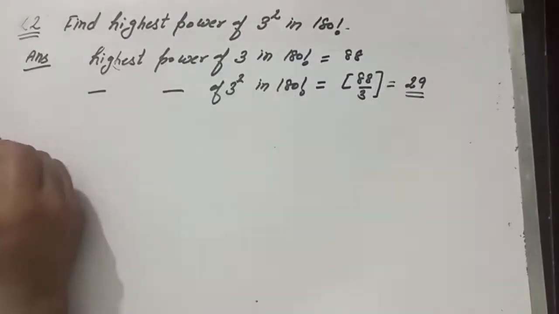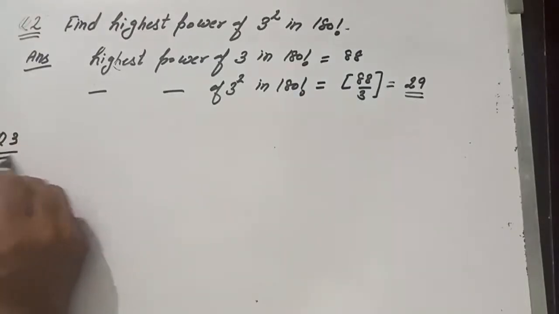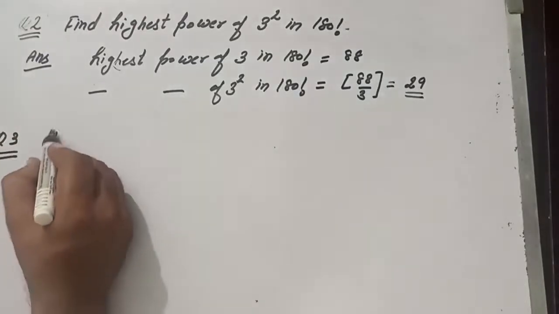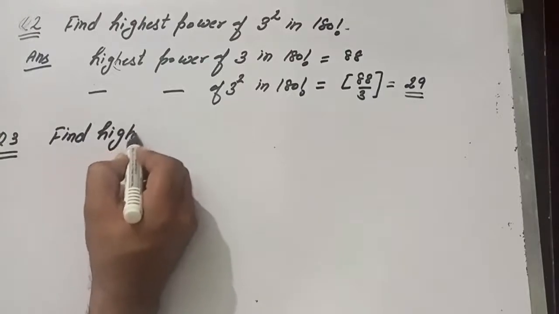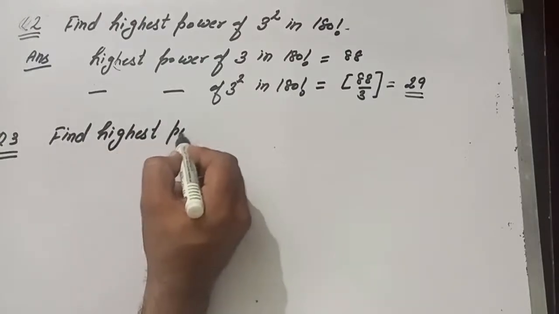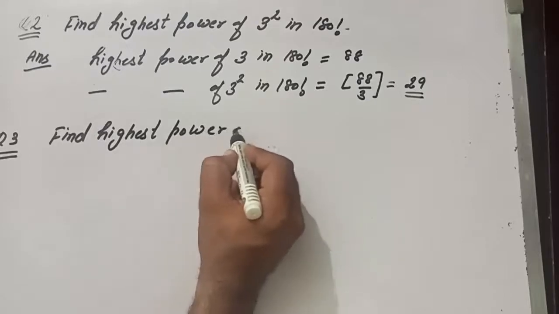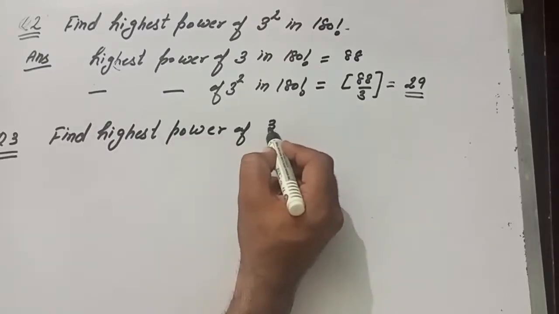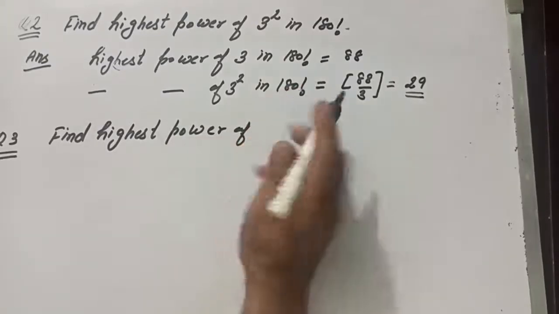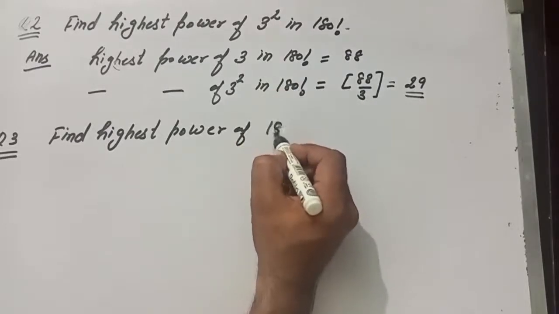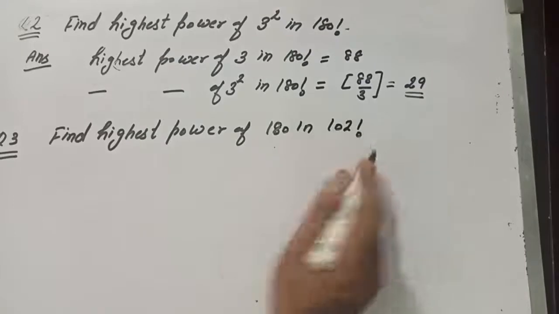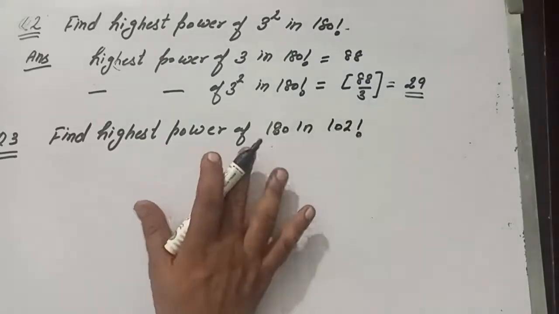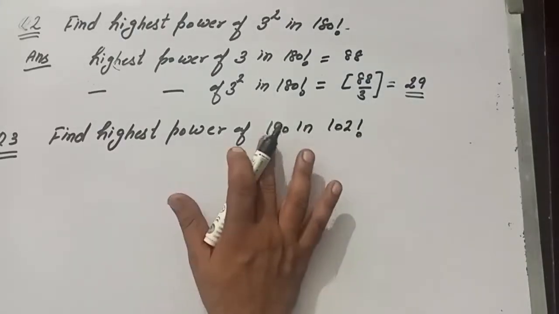Next, see the question number 3. Find highest power of 180 in 102 factorial. So in this question we have to find the highest power of 180.